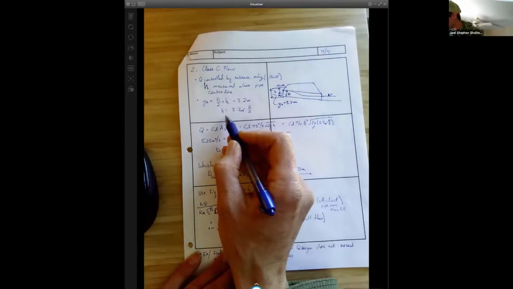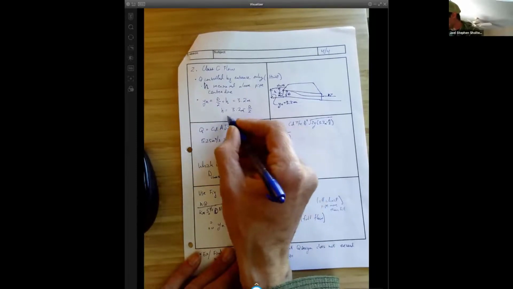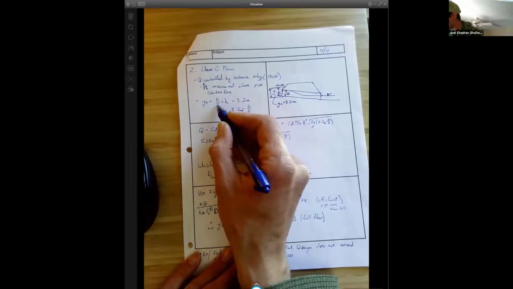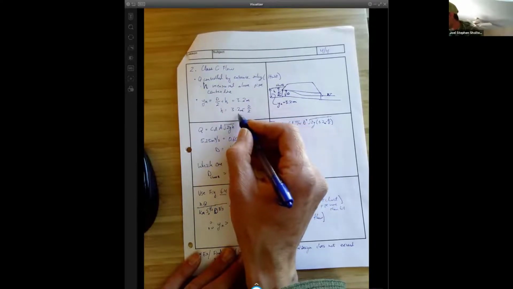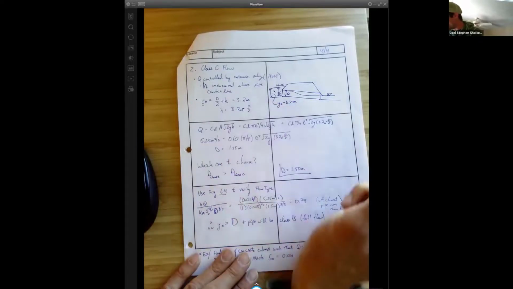So that's what this equation is, and then we can solve for H. So H is equal to 3.2 meters minus D over 2.